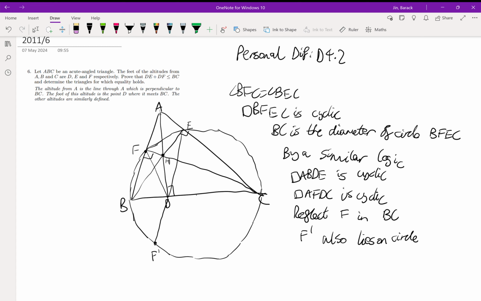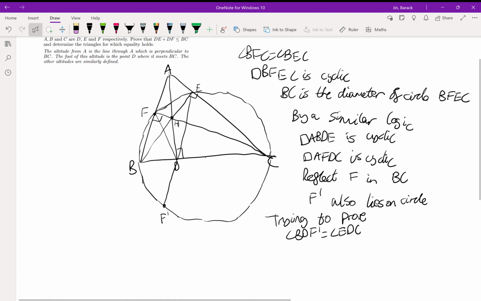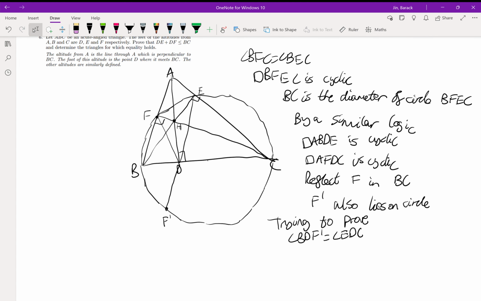So to prove that it's a chord, we have to try and prove that it's collinear. And to prove that it's collinear, we're trying to prove that angle BDF' equals angle EDC. And this is actually quite simple. Because we're reflecting, angle BDF' equals angle BDF.